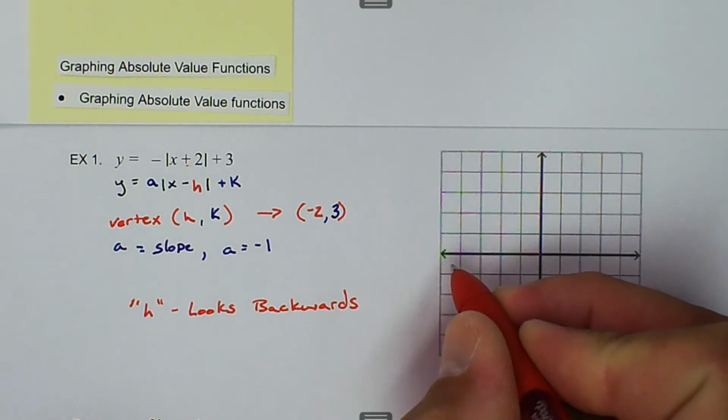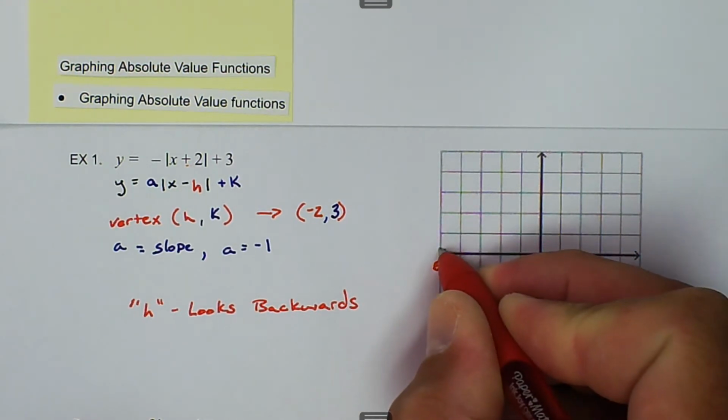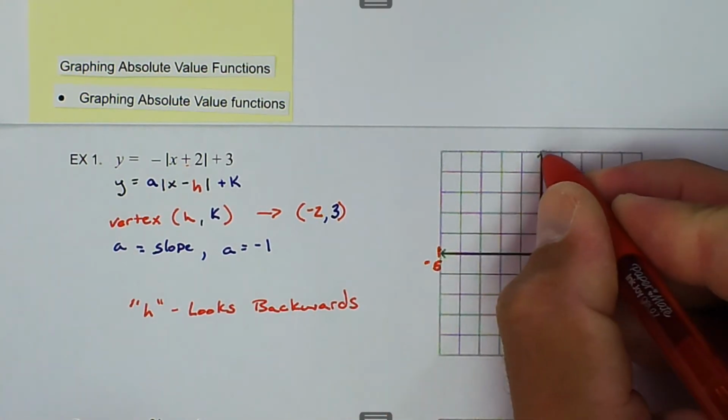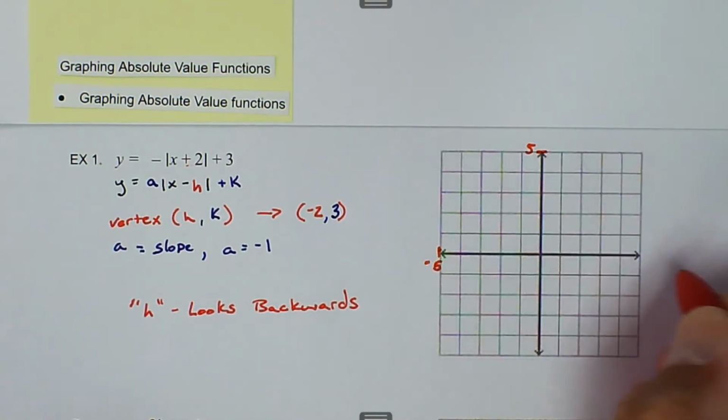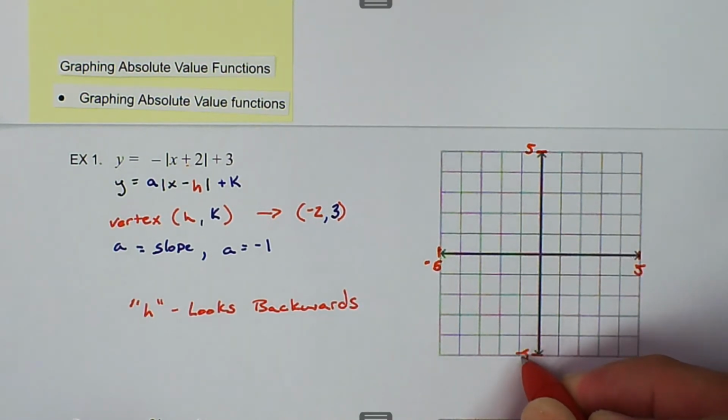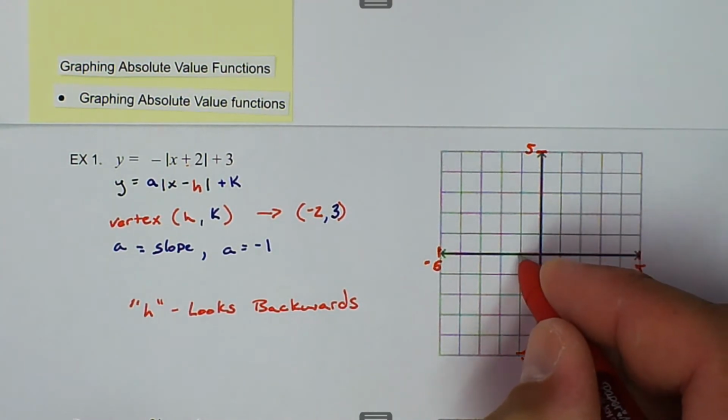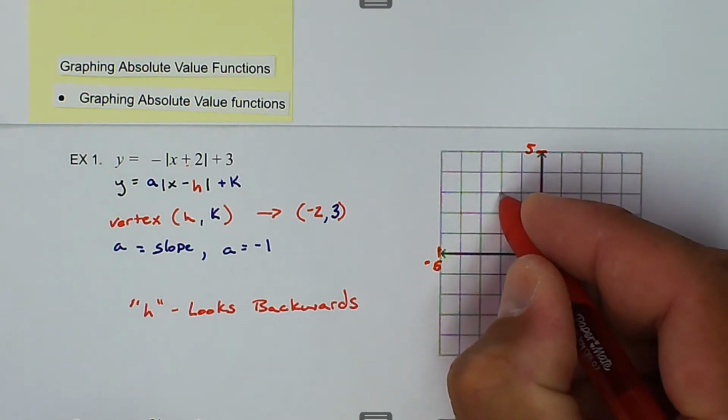So -2, let's say that our graph, we're counting by 5s. So -5, 5, 1, 2, 1, 2, 3.